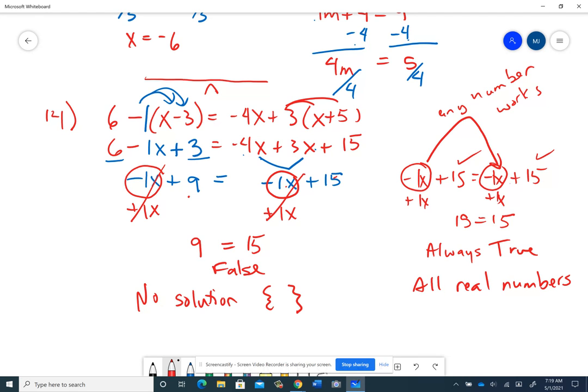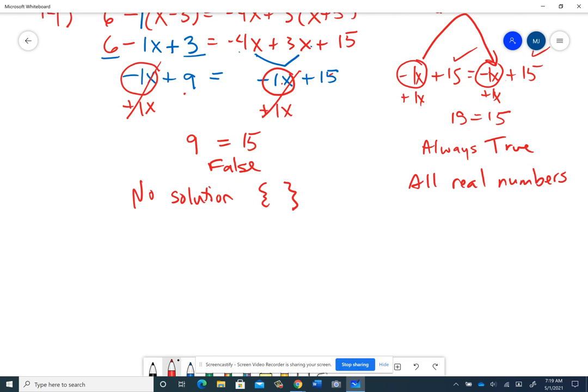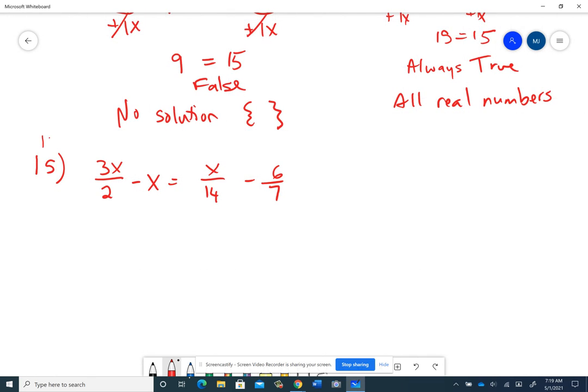All right. And then let's look at number 15 because it has fractions in it. We'll do it two ways. If you have fractions, many of you got to where you were comfortable with the fraction keys on your calculator, so you can just keep the fractions and work with them.